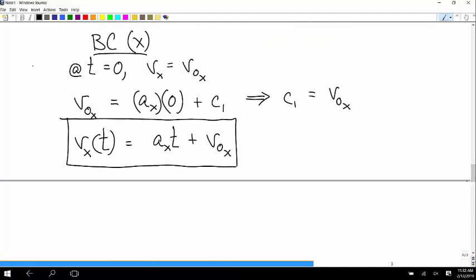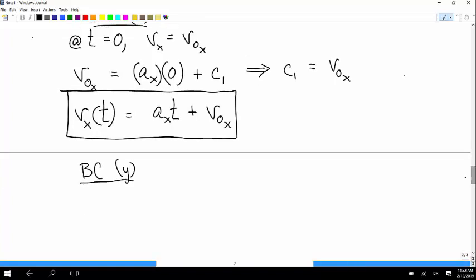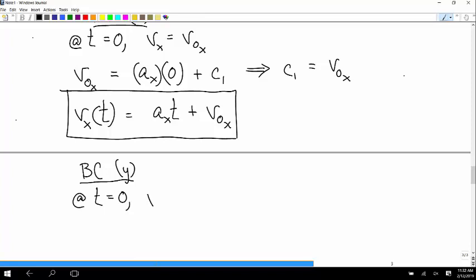Any questions about that? Now I'm going to do it for the y component. When time is equal to 0, vy is equal to v0y. And so v0y is equal to ay times 0 plus c2.